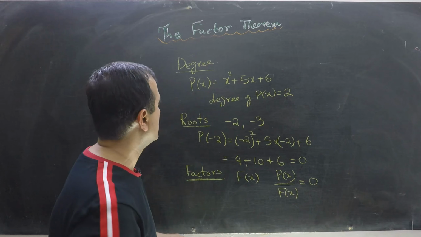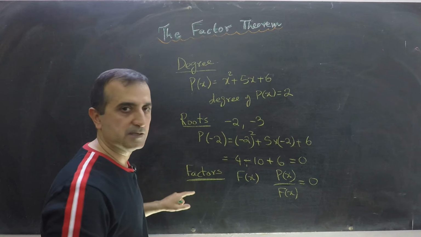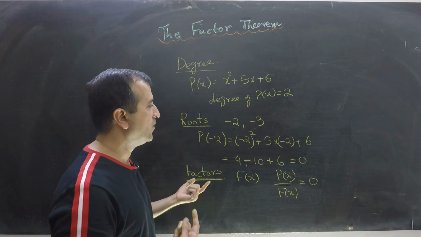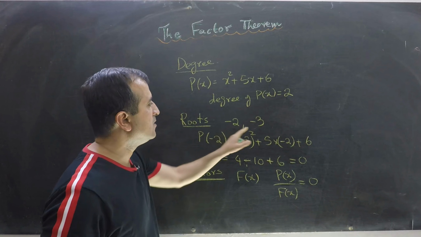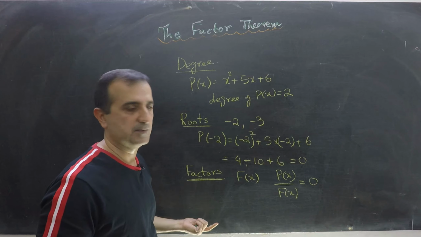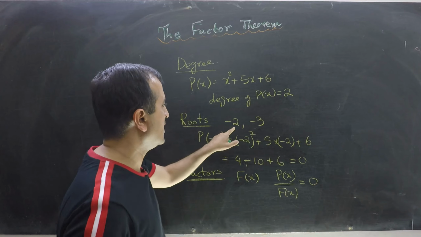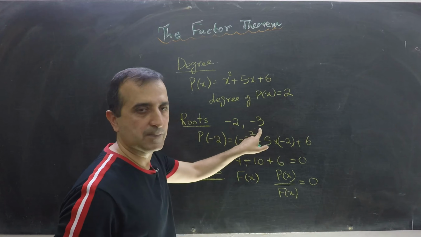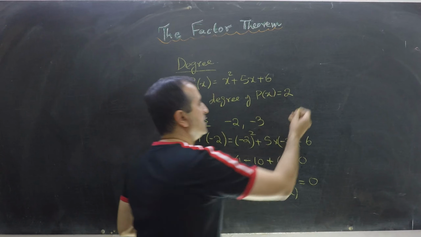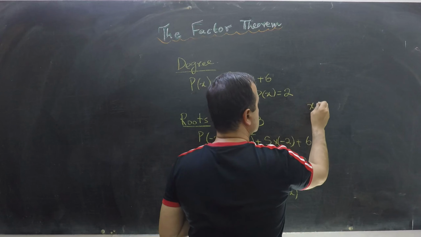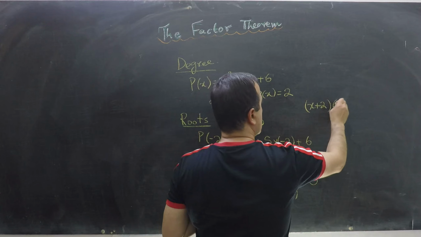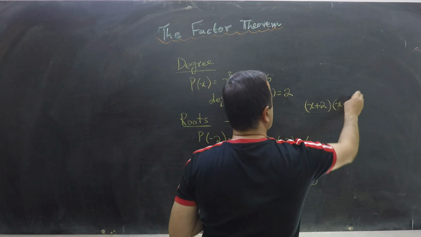Now that we have learned about degrees, roots and factors, we can talk about the factor theorem. According to the factor theorem, if you are given roots of a polynomial, then you can find its factors. So in this case my roots are -2 and -3, so the factors of this polynomial must be x plus 2 and x plus 3.